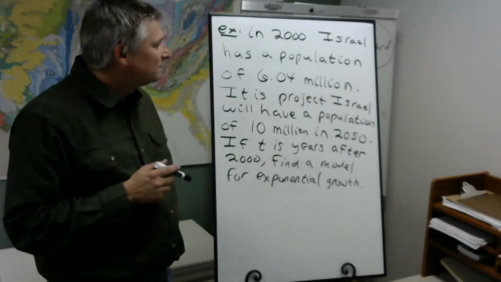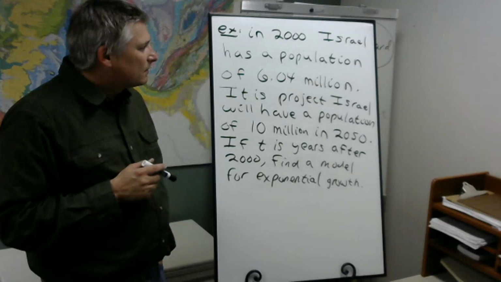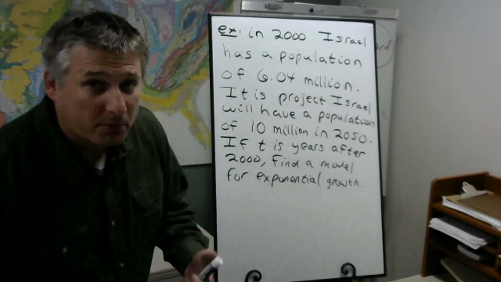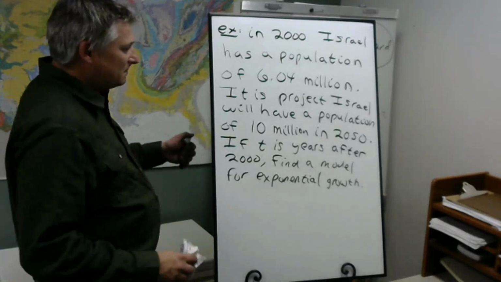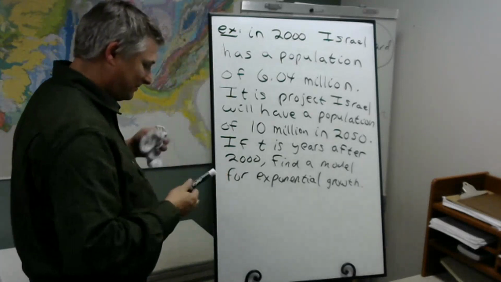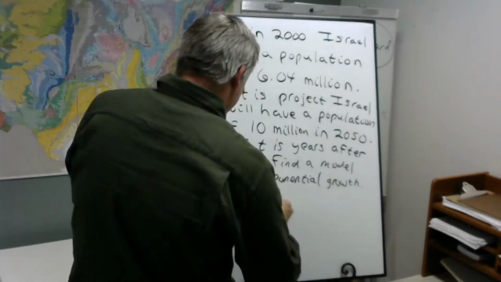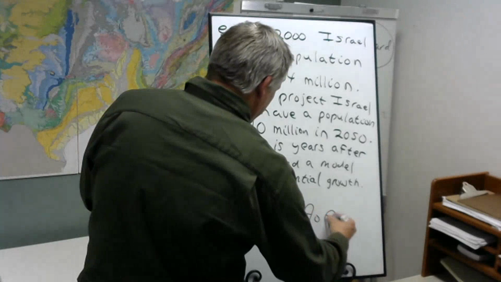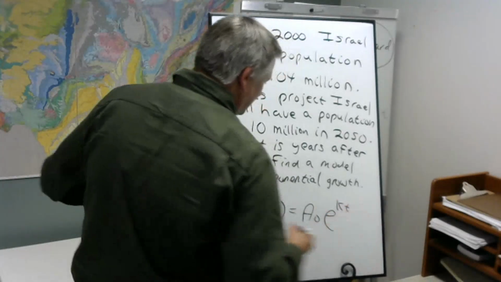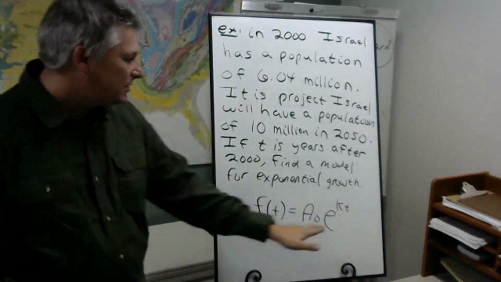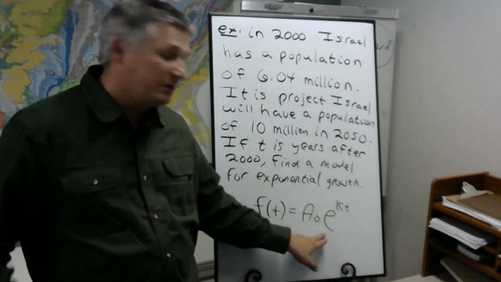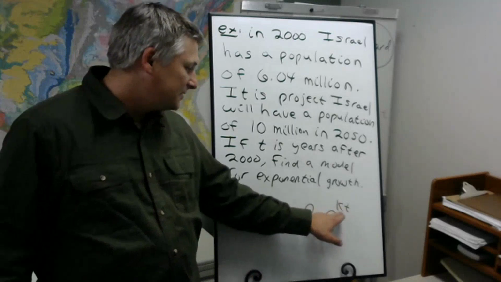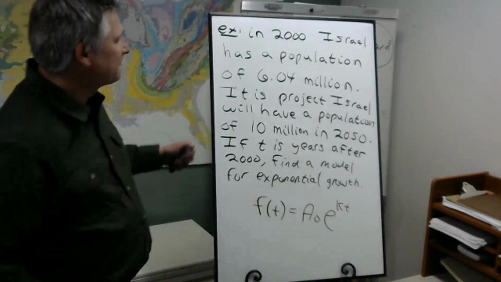Well, all right. So what we're going to do is try to find a model using the exponential growth model. So what that was again was f of t equals a0 e to the kt. Now we know t is going to be in years. This is the initial population. This is the constant we need to find.